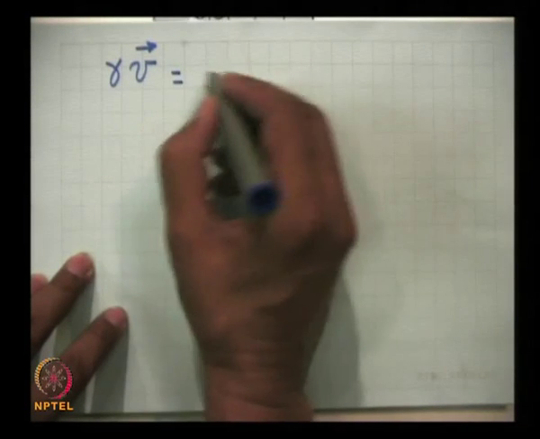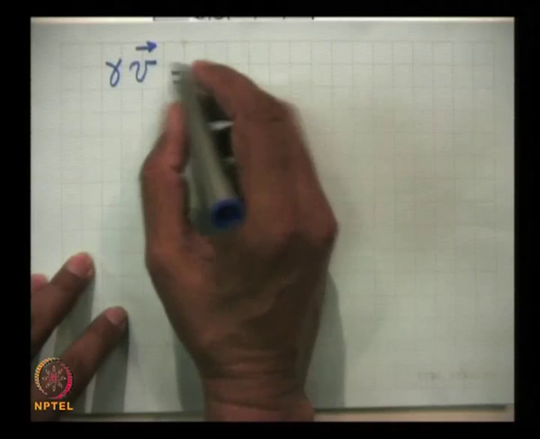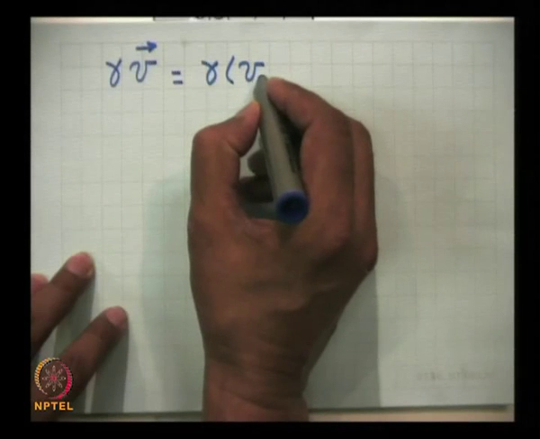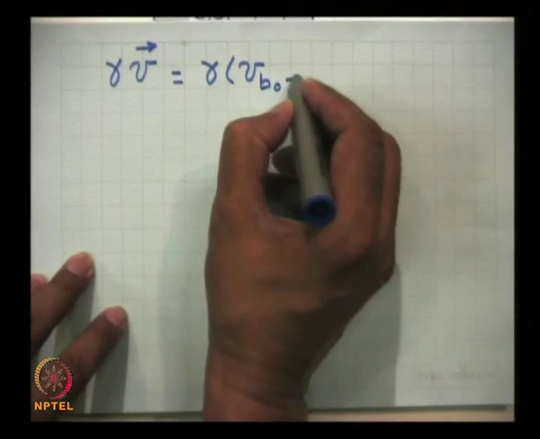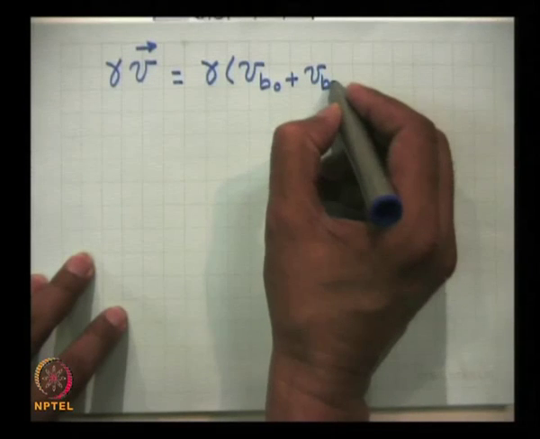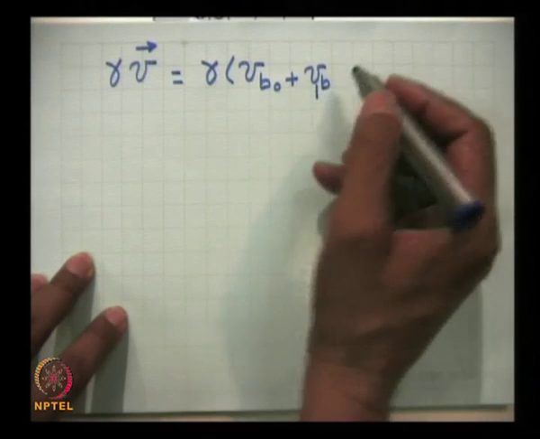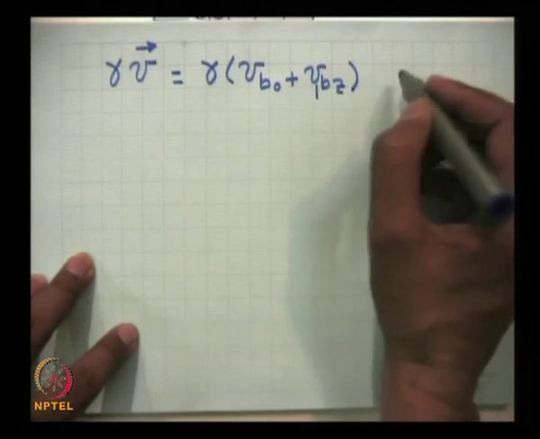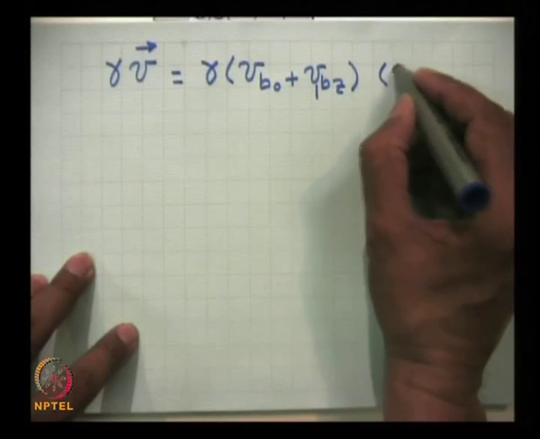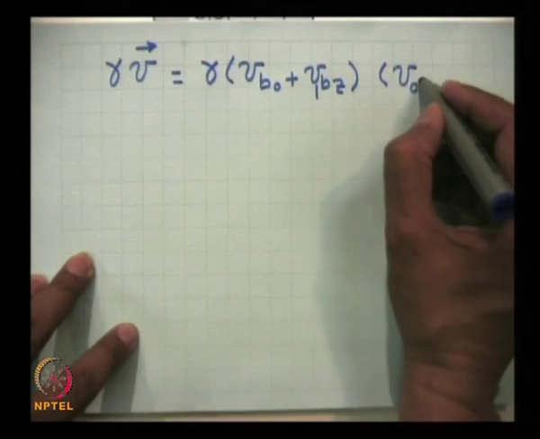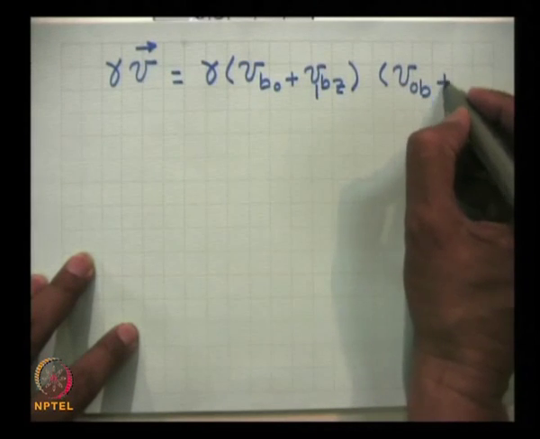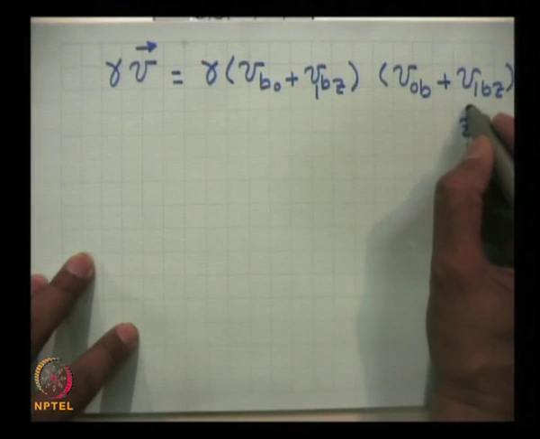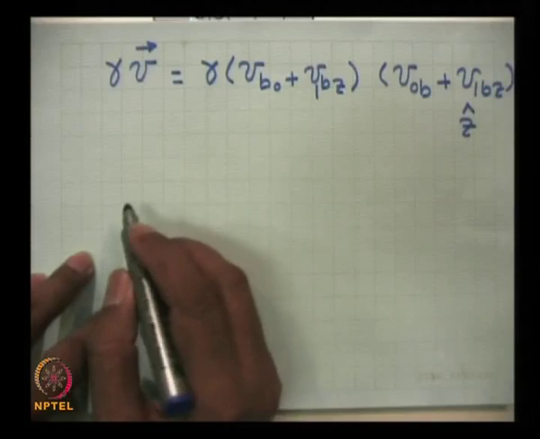This is equal to the product of, well, gamma depends on velocity, which is vb0 plus v1bz. This gamma is a function of this quantity, multiplied by v0b, the initial velocity, plus v1bz, this is the modified velocity. So this is the value of this quantity.